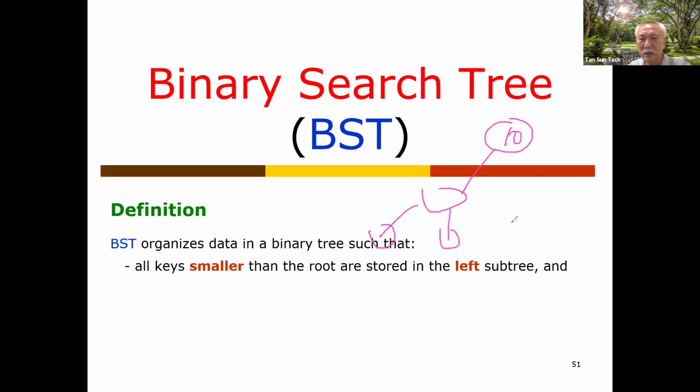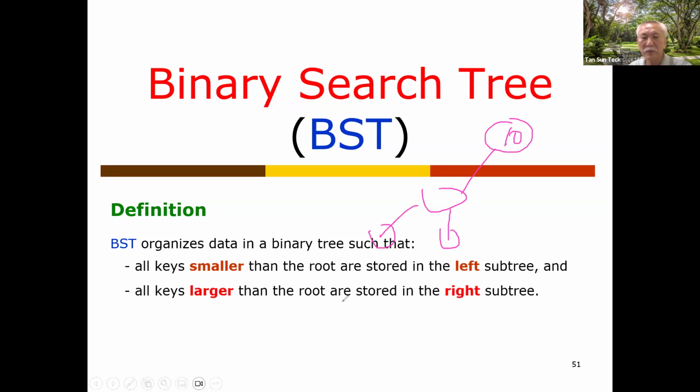Similarly, all values greater than the root will be stored in the right subtree. This is quite simple: the root node is greater than everything on the left, and the root node is smaller than everything on the right, at most equal.